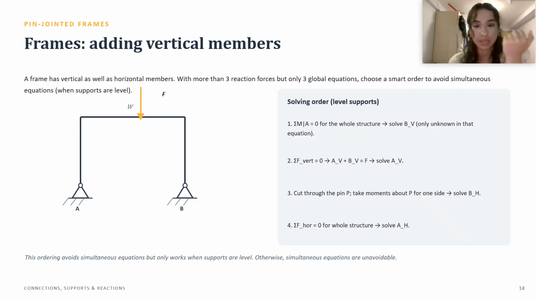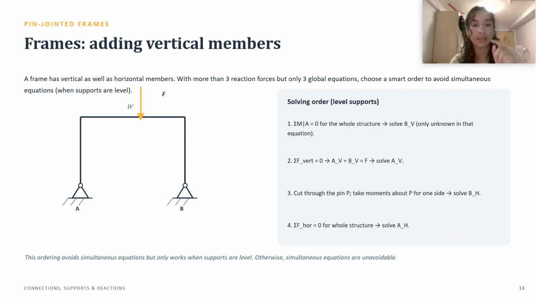It's not as easy. We will have to cut through. You see the frame? You see the horizontal part? We cut through the middle, okay? We add a pin P. We take the moments about one side only, and then we can solve for BH.